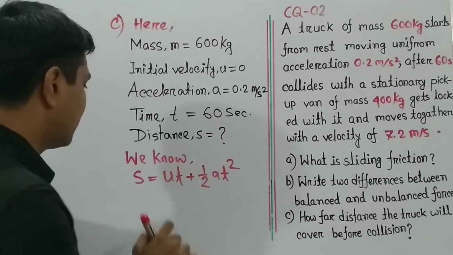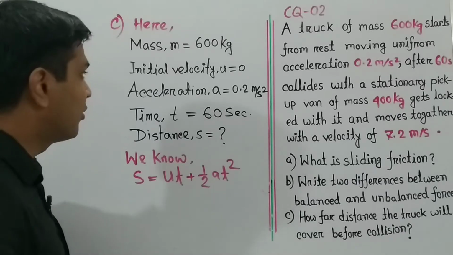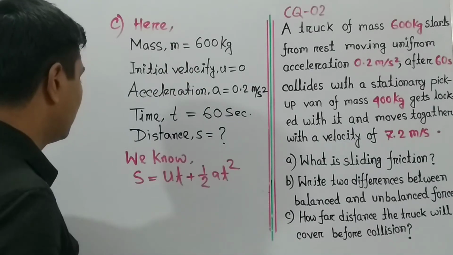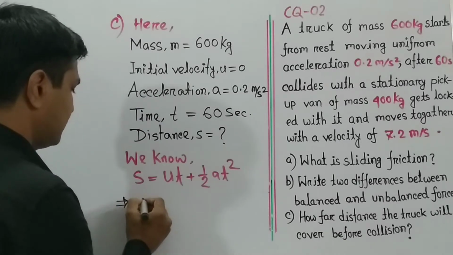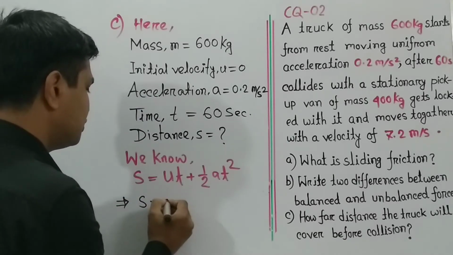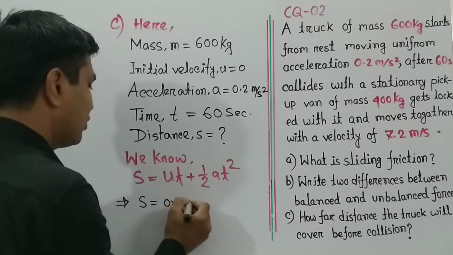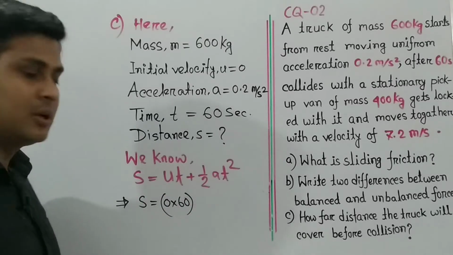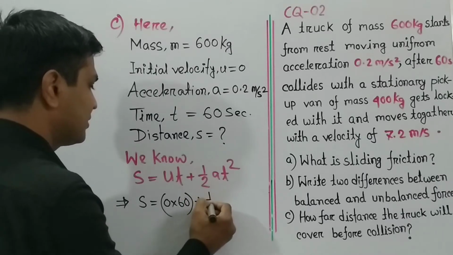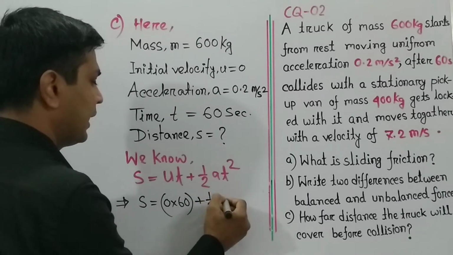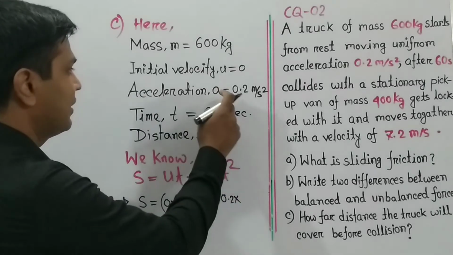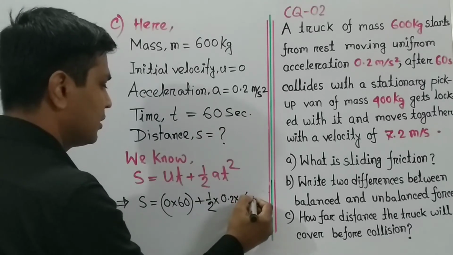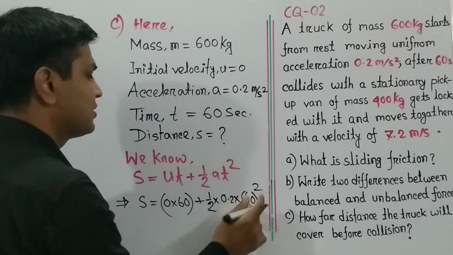If you put the values of u, t and a from our given information, then we can write s equals 0 into the value of t, 60, plus half, a is given here 0.2, and time is given here 60 seconds, so 60 square.